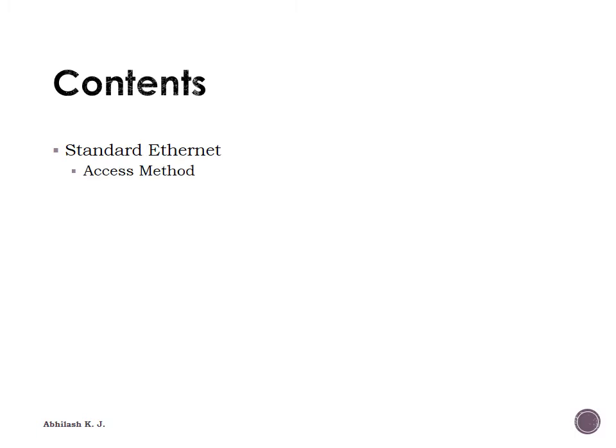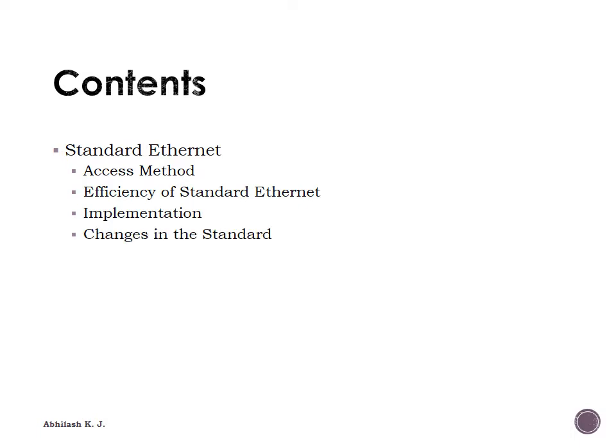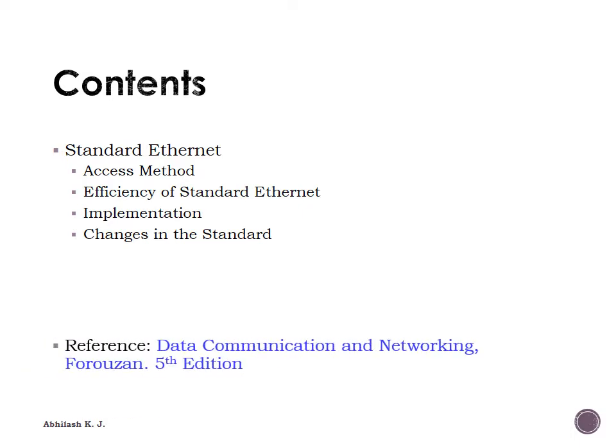In this video, we will consider the access method, the efficiency of standard Ethernet, the implementations done in standard Ethernet, and the changes that have been incorporated into the standard Ethernet. I have referred to the Data Communication and Networking textbook by Forouzan, 5th edition.